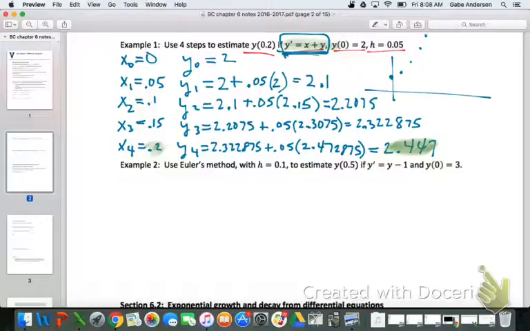We were given the differential equation. And so what we found here, this set of points, and ultimately our final answer, is a point that is close to the actual value of the curve at that x value. So it's an approximation. It's approximating the value of the curve based on little tiny line segments. So it's all about approximation on this, which I know is a little bit of a fuzzy science, right? That's what it is.